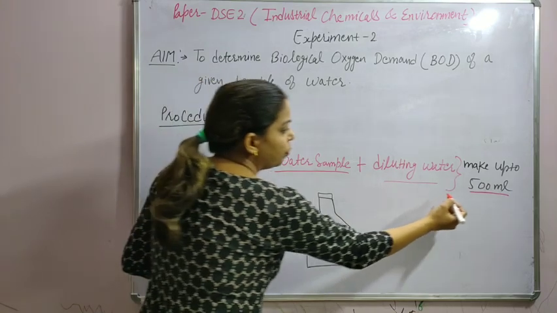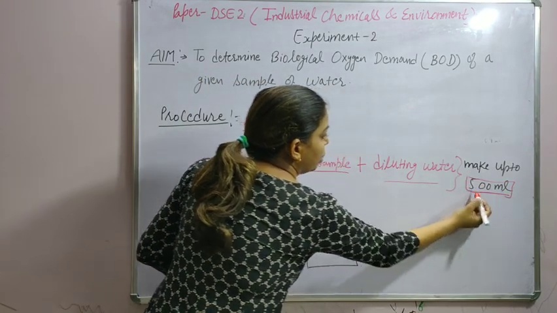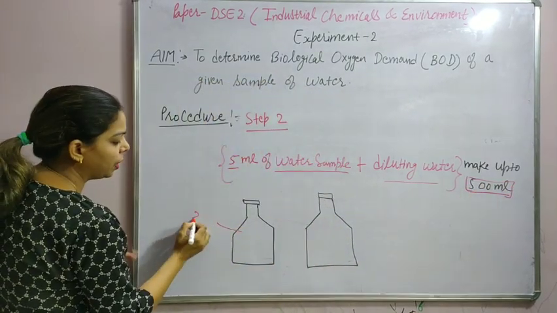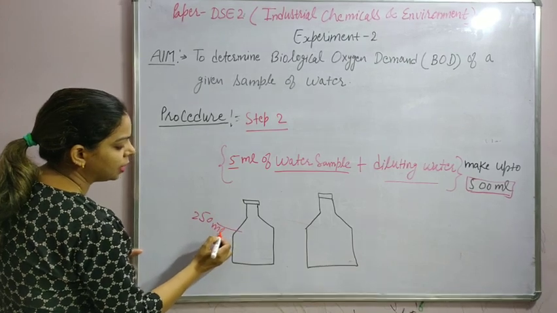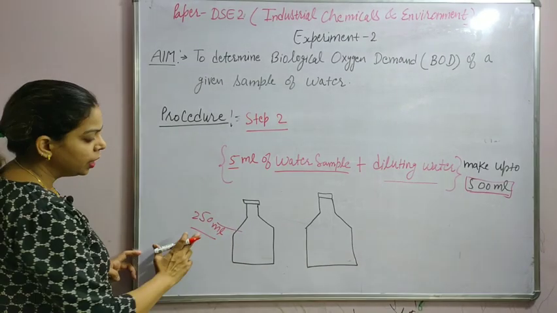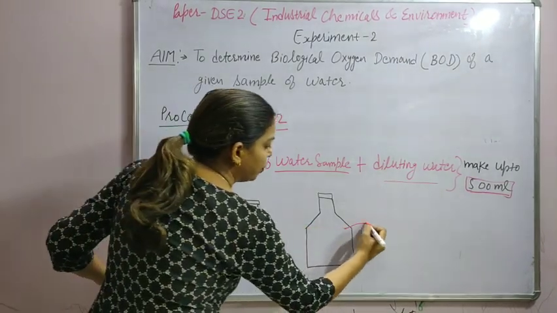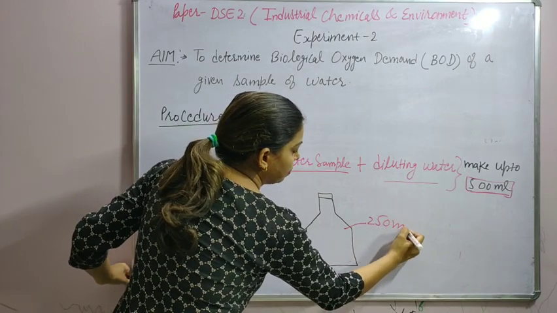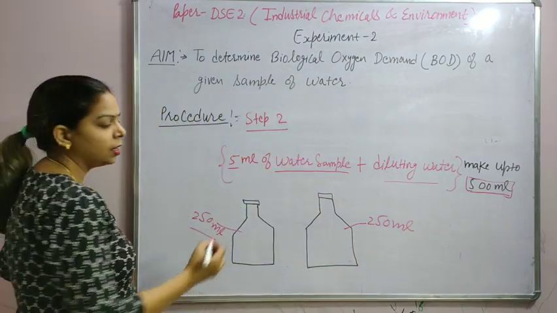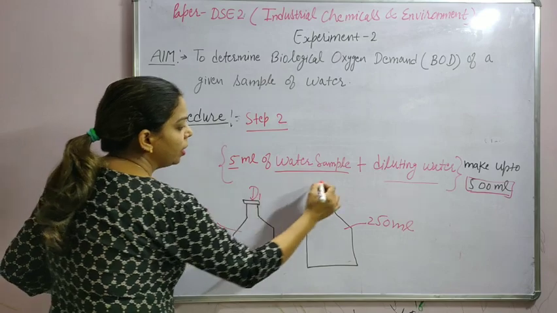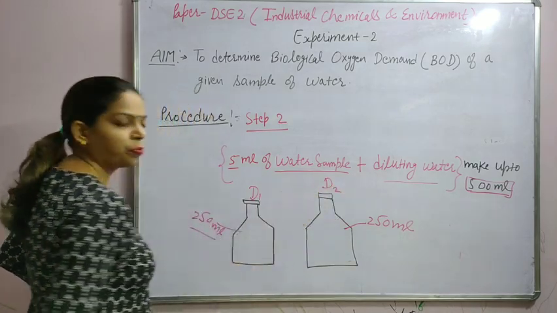So of this total of 500 ml, put 250 ml of this diluted water sample in each bottle, and mark them D1 and D2.